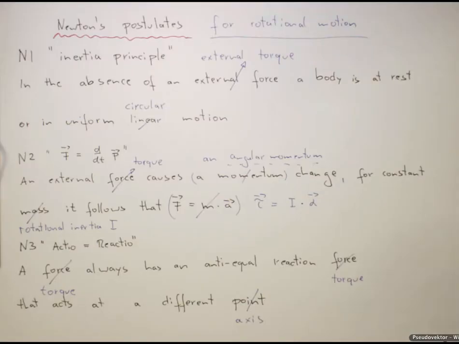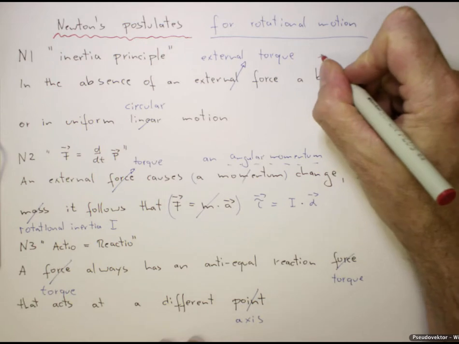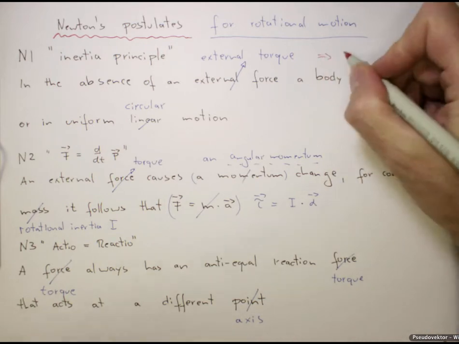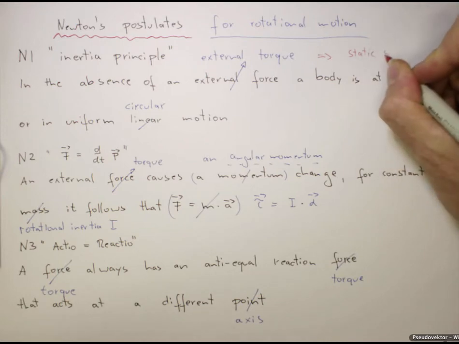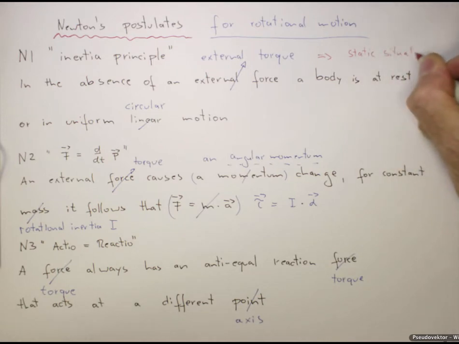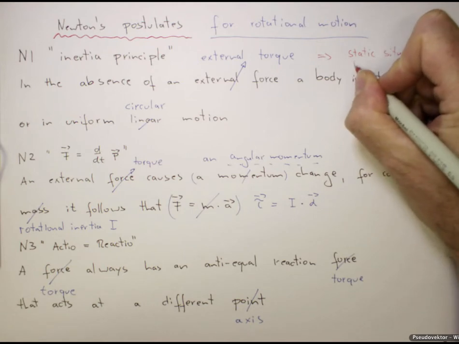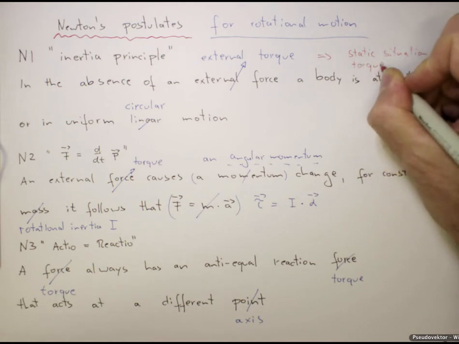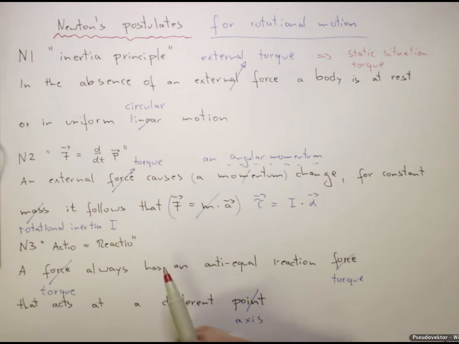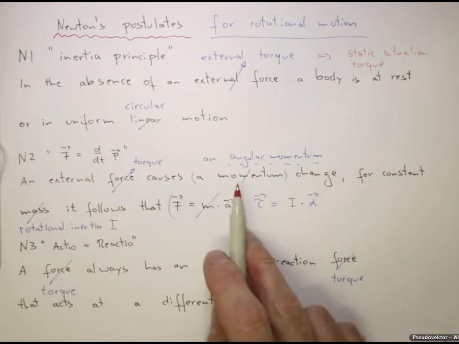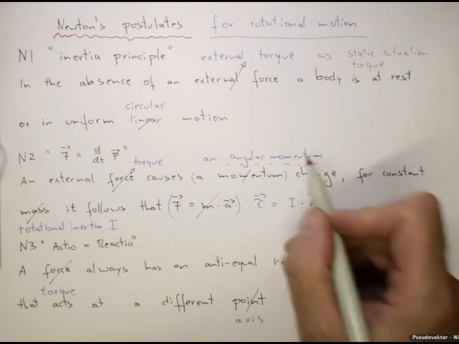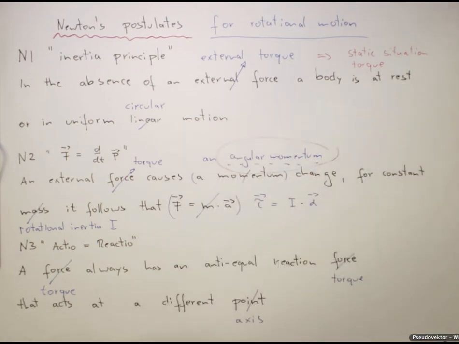The inertia principle allows us to go into a discussion of static situations that involve torque. Newton 2, an external torque causes an angular momentum change, allows us to understand what we mean by angular momentum, and we will discuss angular momentum in a moment.